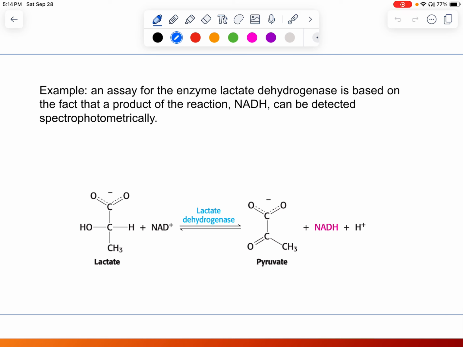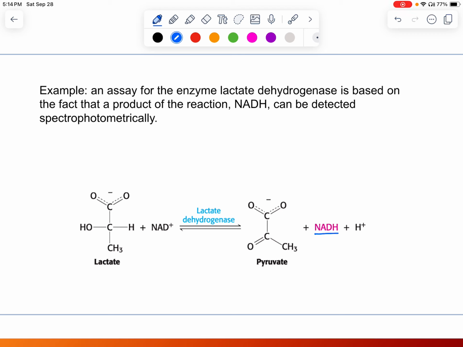If we wanted to do an assay for the enzyme lactate dehydrogenase, this one is based on the fact that one of the products, NADH, absorbs in the UV range. Based on that absorption, we can monitor the concentration of NADH and learn something about the amount of our product.